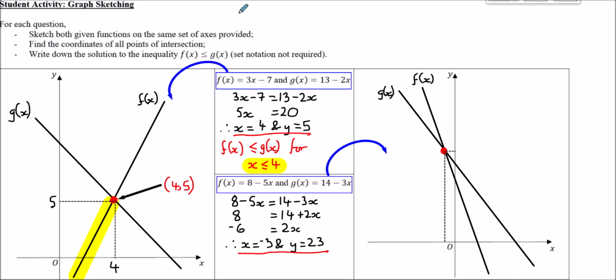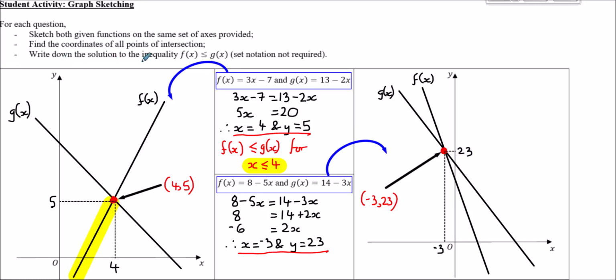So now we can label this on our graph. So this point here is therefore minus 3 and 23. So the x coordinate is minus 3, y coordinate 23.